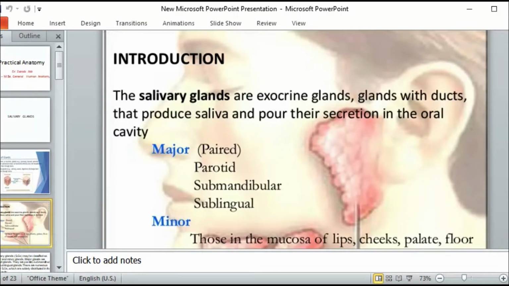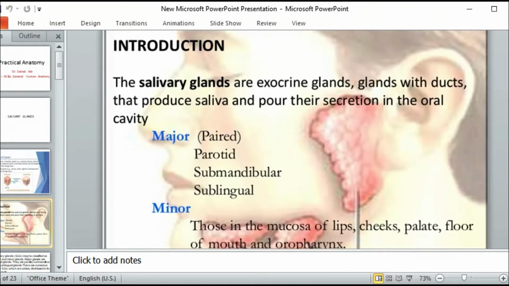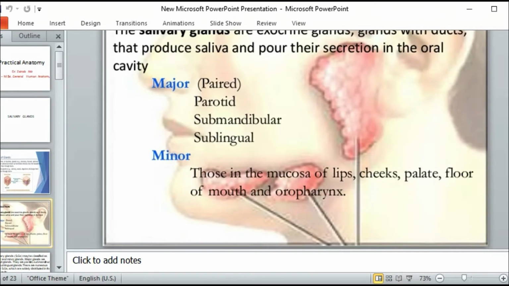So we have the paired parotid glands, paired submandibular glands, and paired sublingual glands. Also, we have the minor salivary glands, those in the mucosa of the lip, cheek, palate, floor of the mouth, and oropharynx. They vary in number. There are a lot of minor salivary glands.